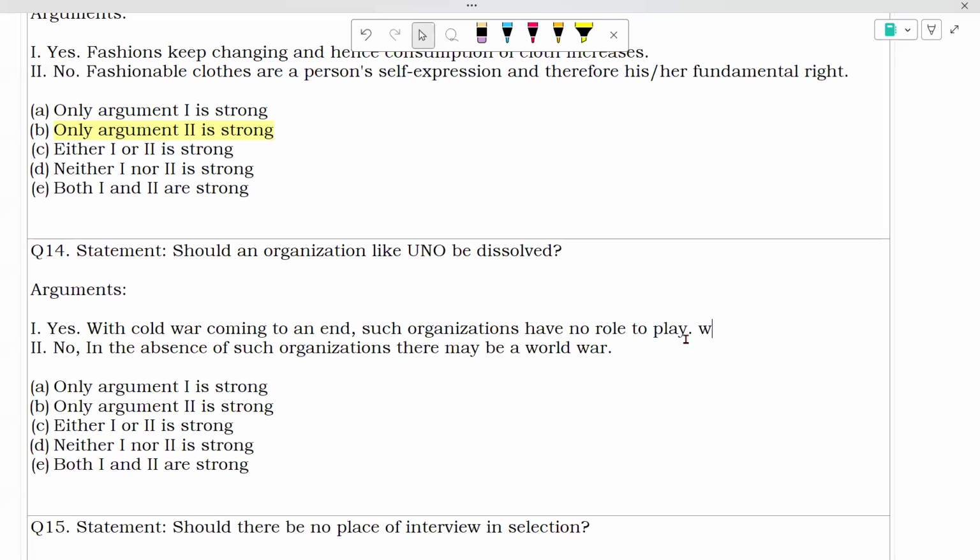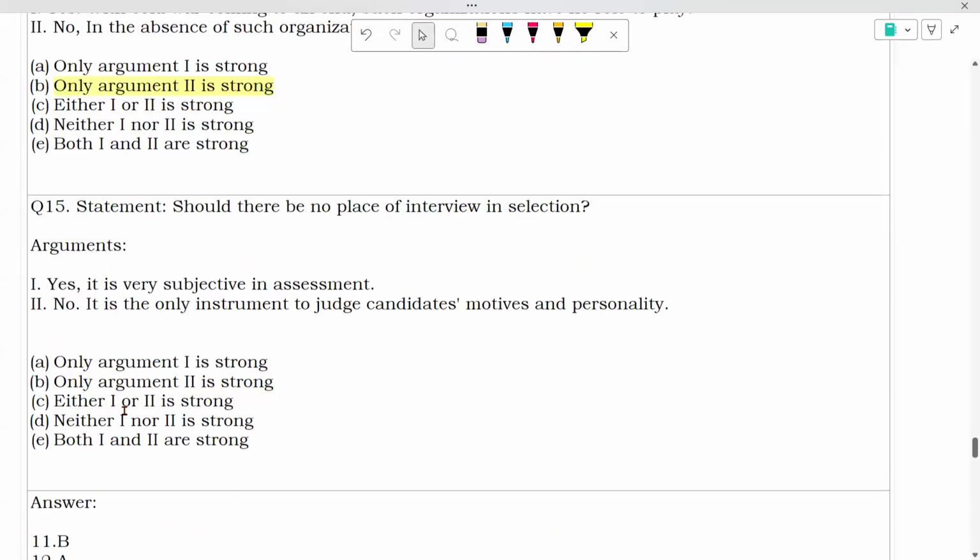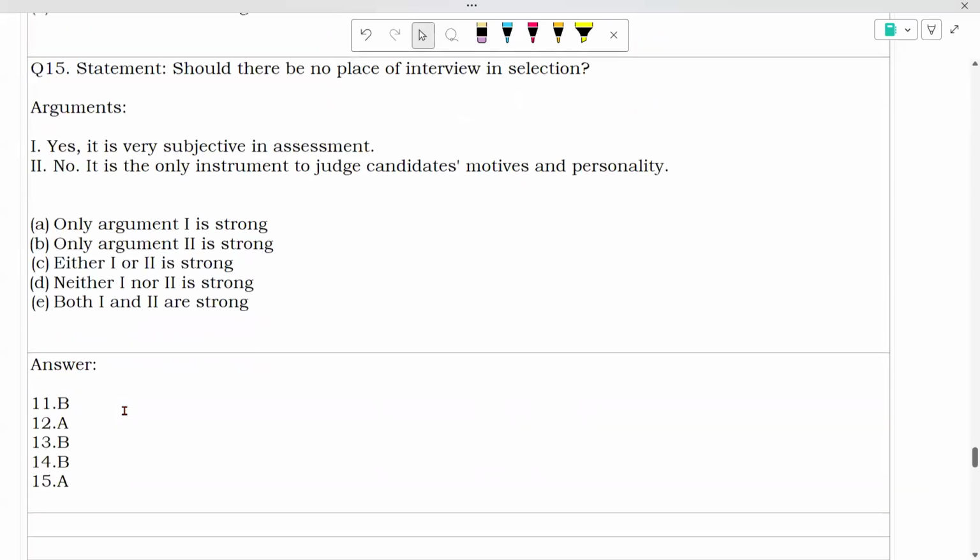Now come to the second. The second says no, they should not be dissolved. In the absence of such organization, there may be a world war. That is a strong argument. So what will be the answer? The answer will be B. Only two arguments are important or strong. The 14th one is also done.